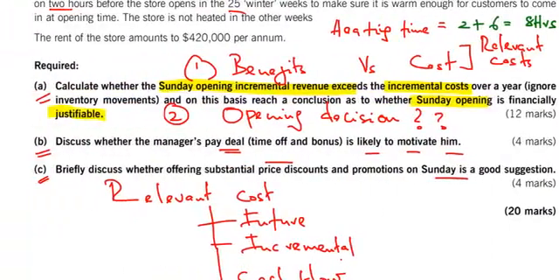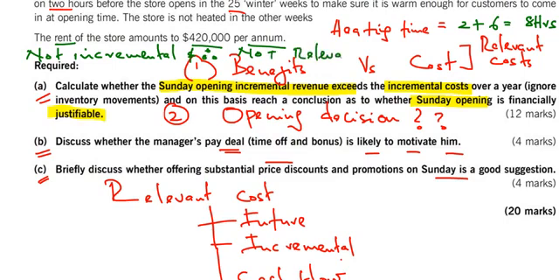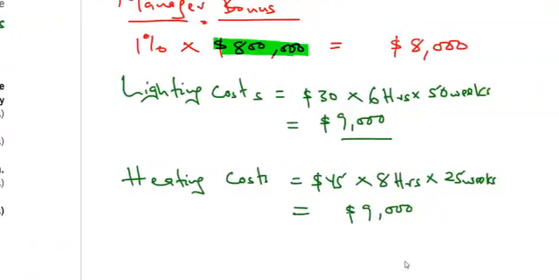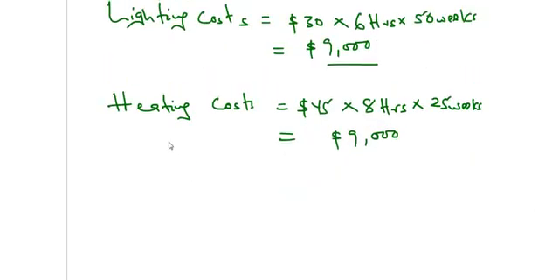Back to the question. The rent of the store amounts to 420,000. So the rent is not incremental, and therefore not relevant. Please, in the exam, make sure you actually write this down, because there are marks for saying that something is not relevant.